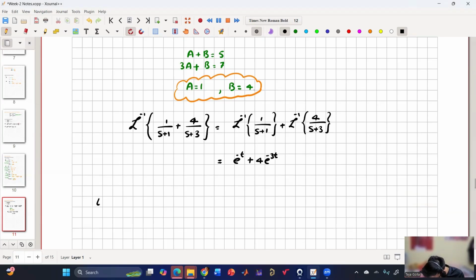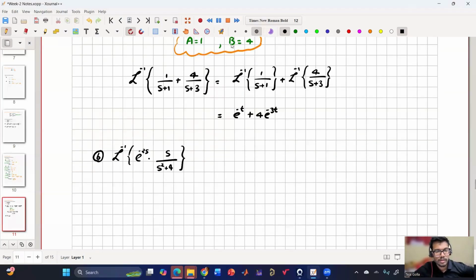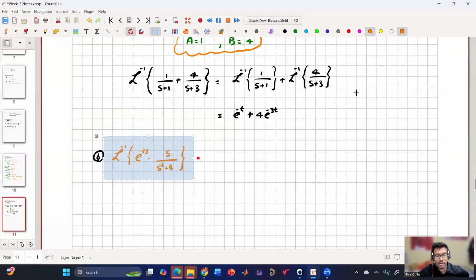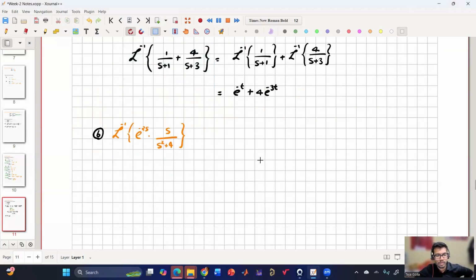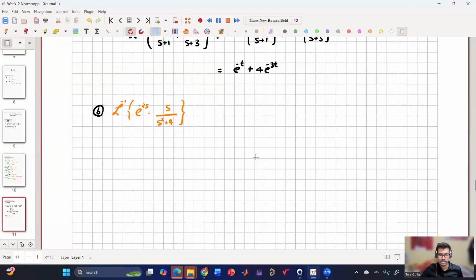So the inverse also we can do step by step: Laplace inverse of e to the power minus 2s into s by s square plus 4. From which term should I start? We can start from the known expressions and slowly build.